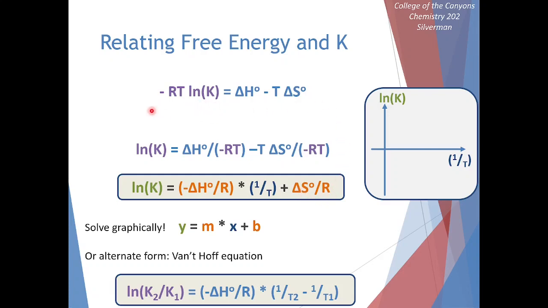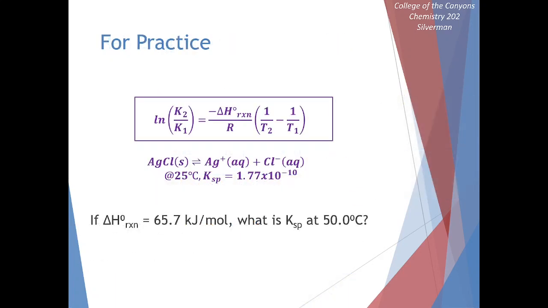Or if we're at a single temperature, we have this expression relating our equilibrium constant to both enthalpy and entropy. We have a practice problem here. I'm going to leave this as practice, but I'll put up the answer so that you can check.